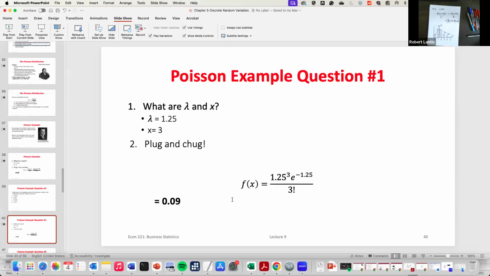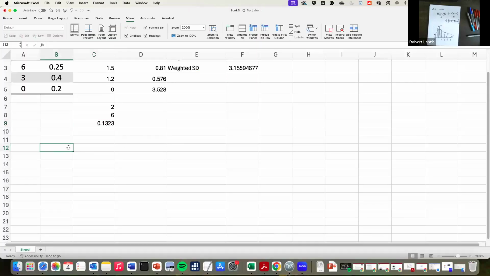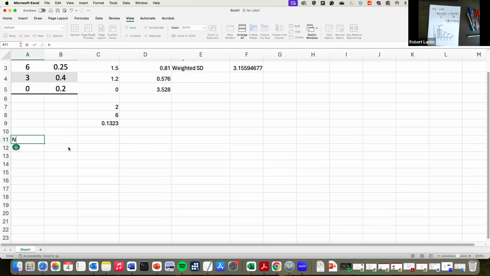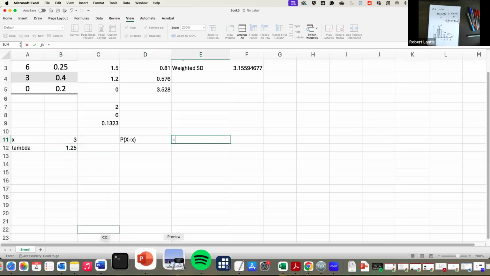I'll open Excel, and in fact, if I really wanted to, I could make this kind of neat. Let me turn caps lock on. Lambda is what we're looking at, 1.25. I don't want N, I want X, sorry. X is 3, and the probability that X is equal to 3 is... oh, now I forget the equation off the bat.